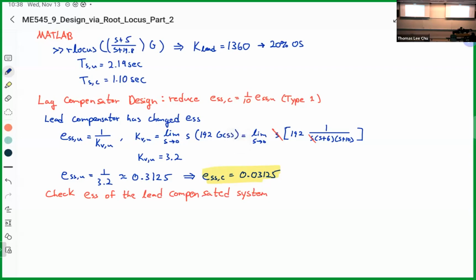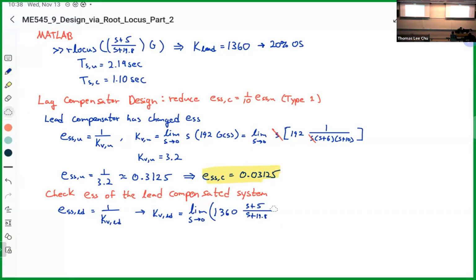All right. So for the lead compensated system, we get ESS lead. I'm going to write LD here for the lead compensated system, and it's going to be 1 over KV lead. It's the same equation, where the KV for the lead compensated system is now the limit as S goes to 0 of our lead system, which is 1,360 multiplied by our lead compensator, S plus 5 divided by S plus 19.8.